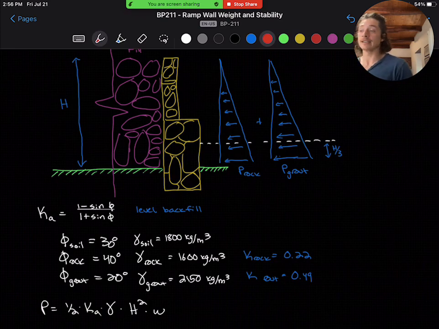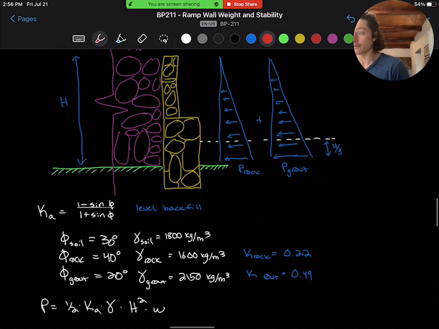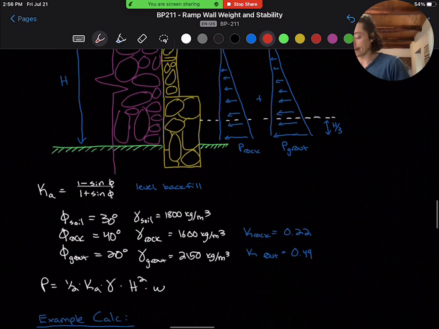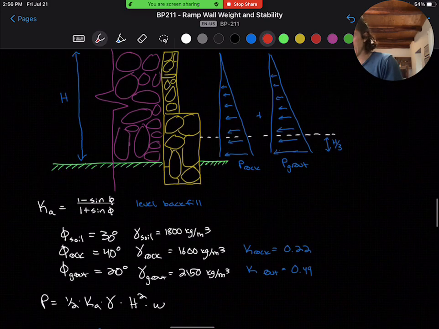This time, however, the density and the coefficient of active earth pressure will vary from the values we used for soil, which you may remember for a level backfill, Ka is 1 minus sine phi over 1 plus sine phi, and for soil that phi was 30 degrees. However, for the rock fill or angular rock fill, we'll take a phi of 40 degrees, and for the grout or slurry mix, we'll take a phi of 20 degrees.